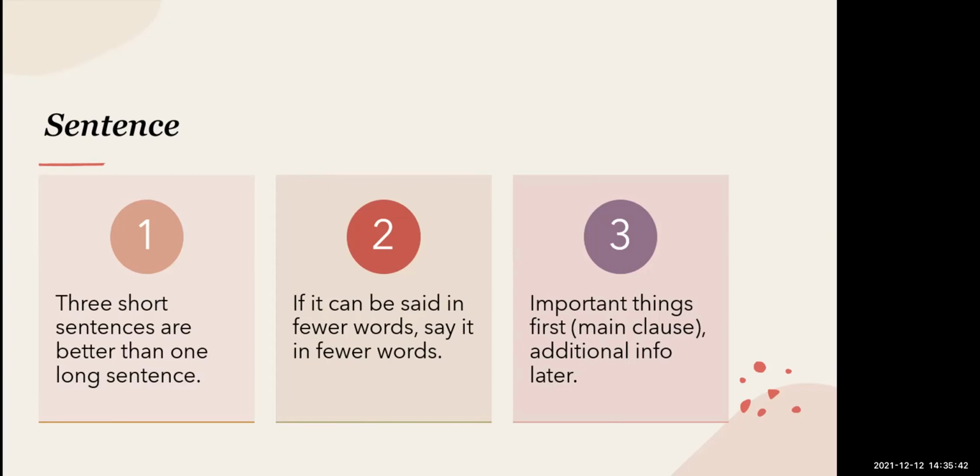And then number three, important things first and then additional information later. So at my organization, my coworkers are French or speak French as their first language. And the structure in French is kind of very lengthy compared to English. And my coworkers have a tendency of adding a lot of adverbial phrases or relative clauses to the sentence.